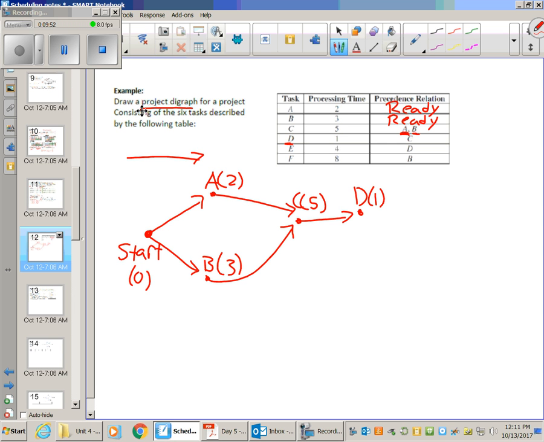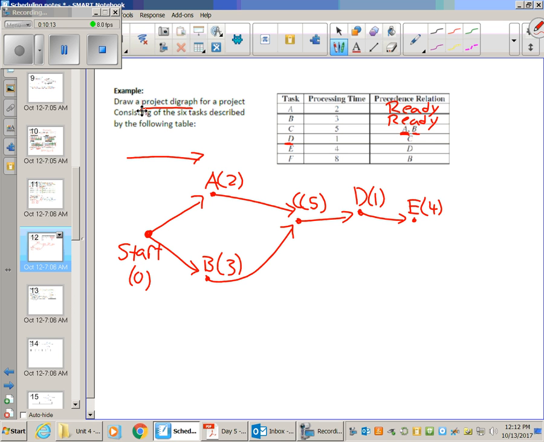All right, so those numbers represent how long it takes for those tasks to be completed. Okay, so we're done with D. If we move on to E, E's only prerequisite is D with a processing time of 4. Okay.